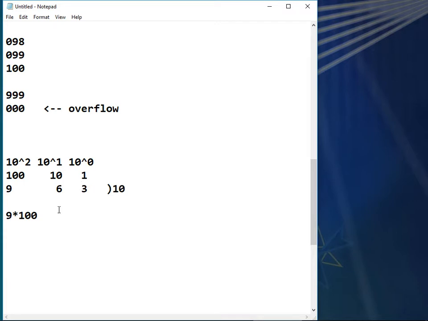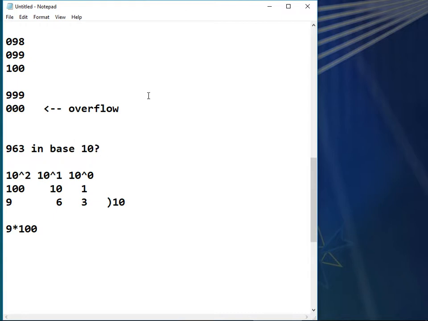All right, so if we have 963 in base 10, what does this mean? It means we have 9 times 10 to the power of 2, right? Because this first column is 10 to the 2, plus how many in the 10 to the power of 1 column do we have? We have 6 times 10 to the power of 1. Plus how many in the ones column do we have? 10 to the power of 0.